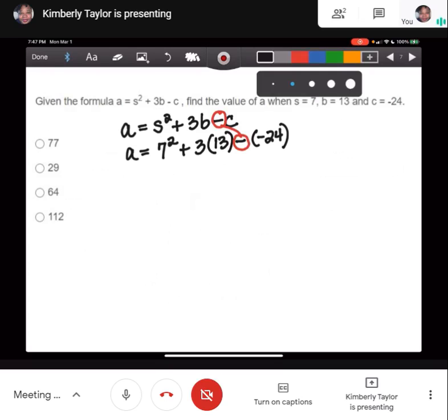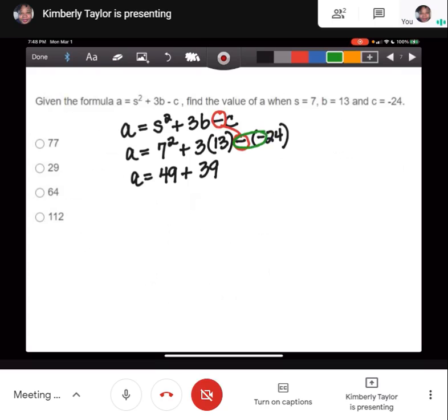So to solve it, 7 squared is 49. 3 times 13 is 39. And then you have a negative times a negative, which is going to turn into a positive 24.